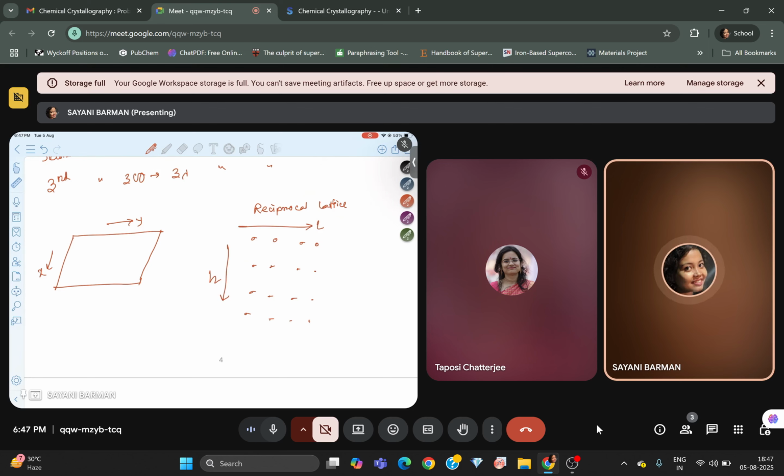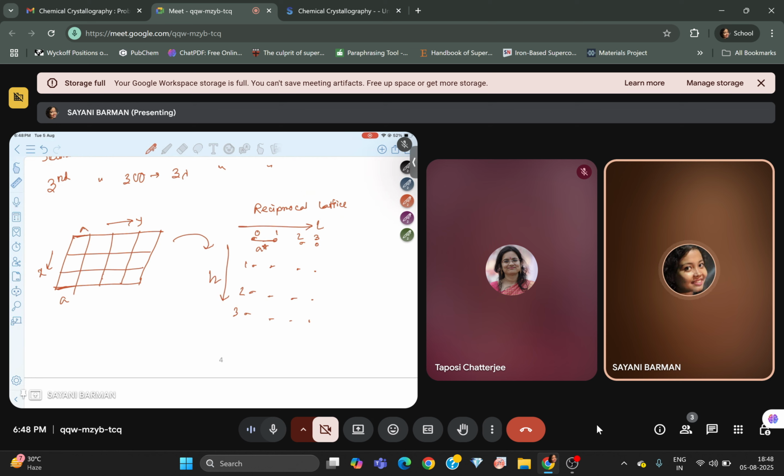So if this is 0, 1, 2, 3, or 4, whatever, here also you'll see this is 0, 1, 2, 3, and the same thing you must have seen in this manner. So it rotates slightly in reciprocal lattice. If this length is a, we'll call this length a star.